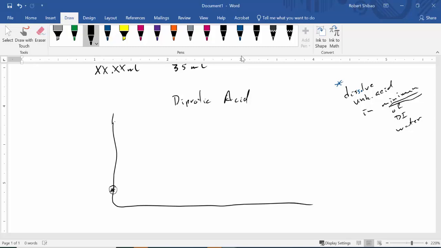So by adding more and more water, the pH of your unknown goes up and up. If the pH of your unknown goes too high, you're going to miss the first wave. You need to start off with as low a pH as possible to catch the first wave. The first wave is small. The second wave is big.